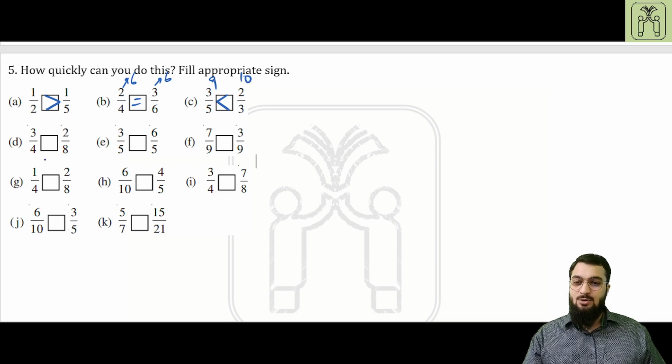3 upon 4, 2 upon 8, so 4 and 8 have an LCM of 8, not 16 but 8, so 4 into 2 will be 8, and 3 into 2 will be 6.